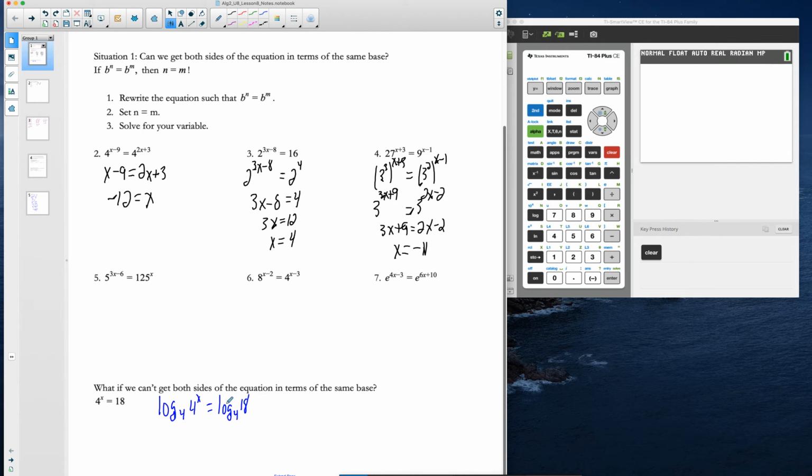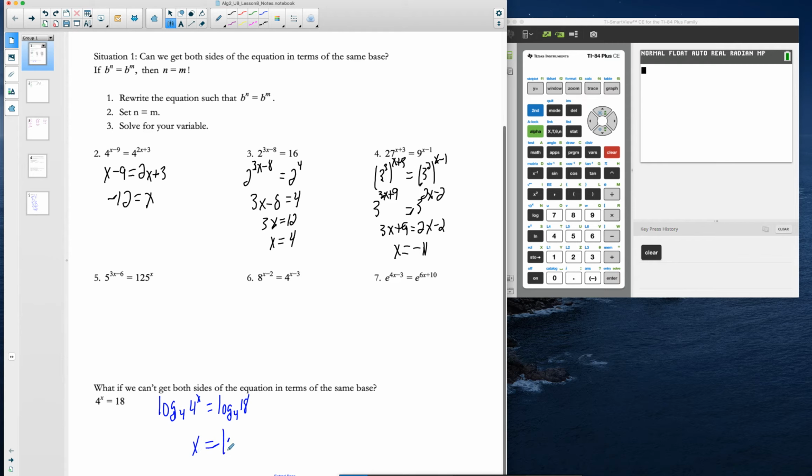Now, log base 4 of 18 is a number. It's like the square root of 3 or the square root of 7. It's an exact answer, and we can leave it looking like that, and we don't need to do anything else to it, unless we can simplify some way. Leaving it as log base 4 of 18 is an exact answer, and then we know based on our work with inverses that log base 4 and base 4 are inverses, and so that leaves us with just x equals, and that would be our answer right here.